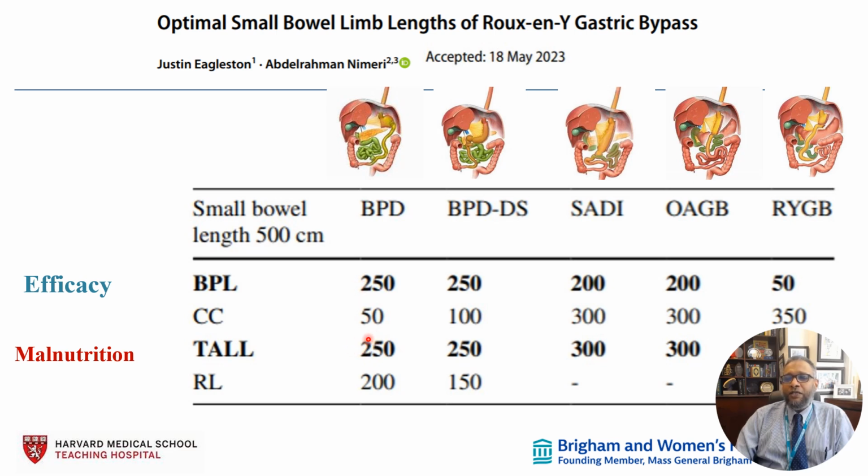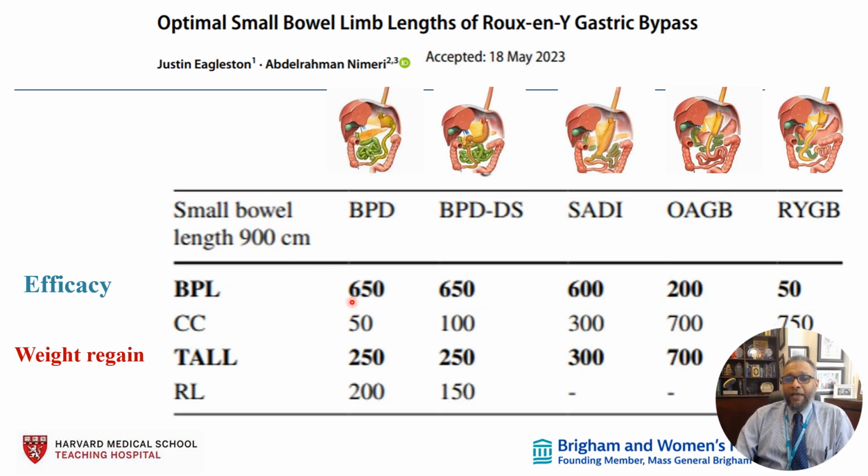And you notice that the total alimentary limb length does not change in BPD, DS, and SODI, but as your bowel becomes shorter, the total alimentary limb length becomes shorter in OAGB and Roux. And you can imagine what happens if you make the small bowel length 900 centimeters.